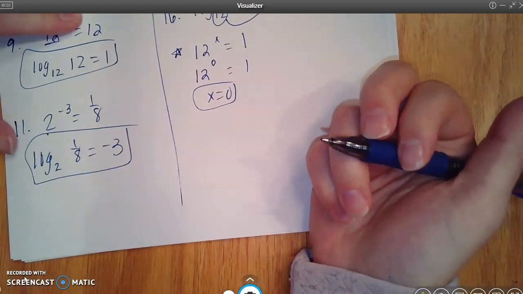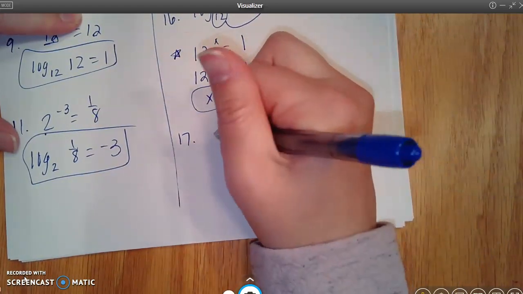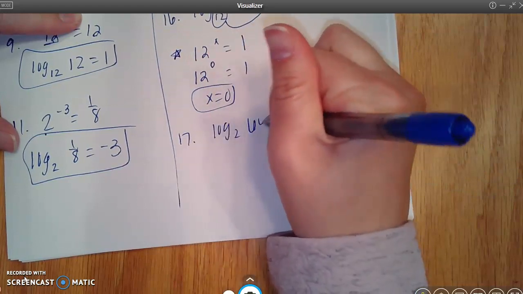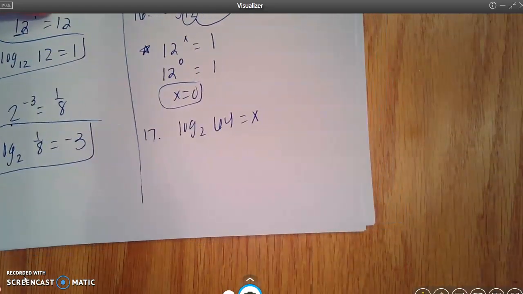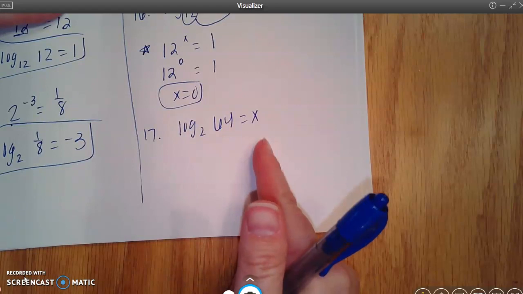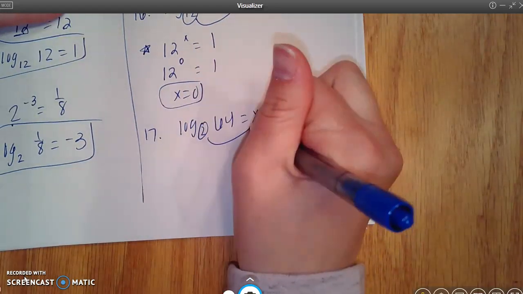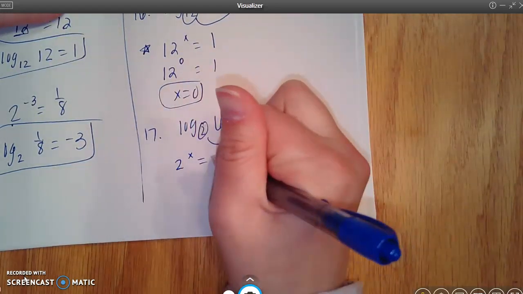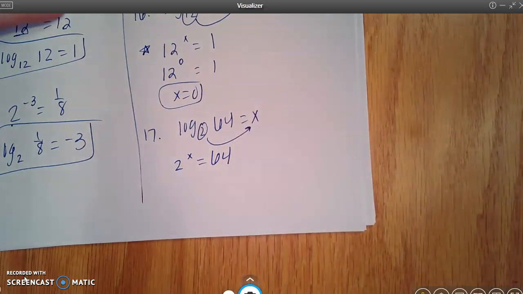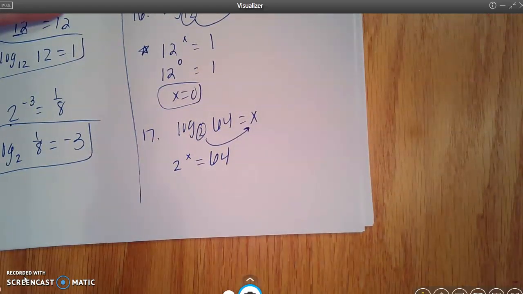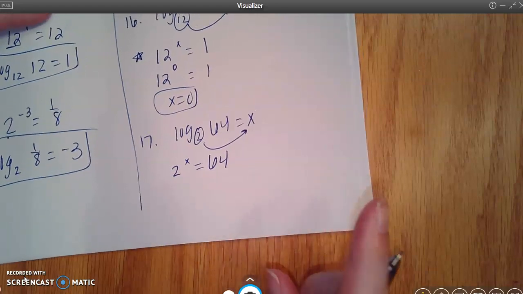Okay, let's try number 17. We have log base 2 of 64 is equal to x. So once again, step 1, set it equal to x. Step 2, you have your base 2, and it's going to become 2 to the x is equal to 64. Now, there's a couple ways that you can try and figure it out. Guess and check and start doing 2 to the first, 2 to the second.